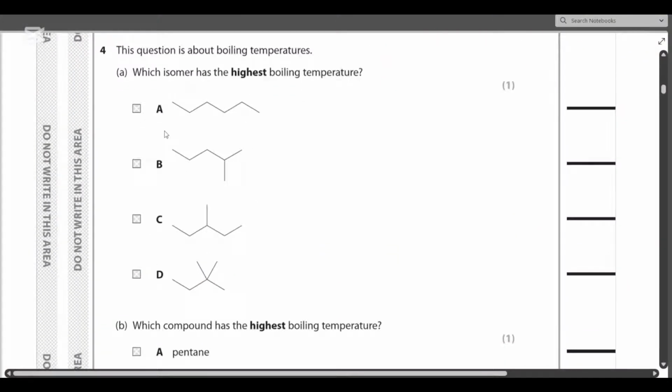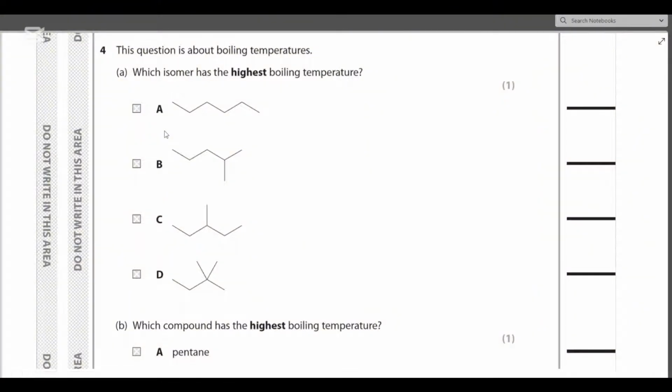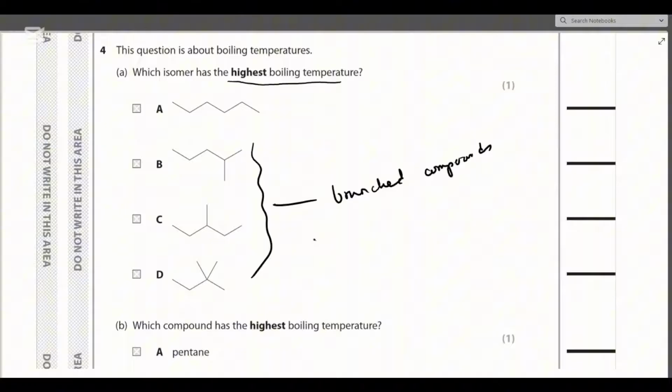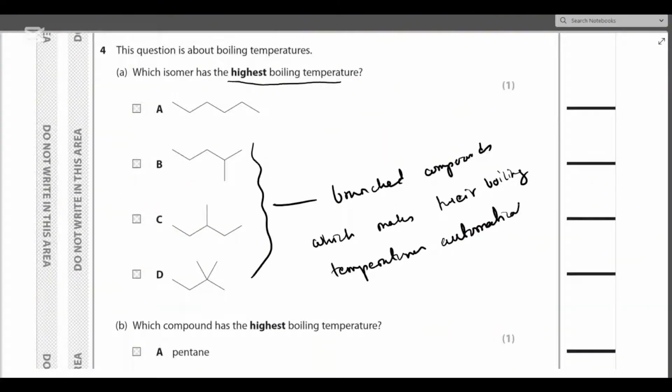Moving on, this question is about boiling temperatures. So which one is the correct answer? If I talk about the highest boiling temperature, these three are not correct because they are branched compounds, which makes their boiling temperatures automatically lower.